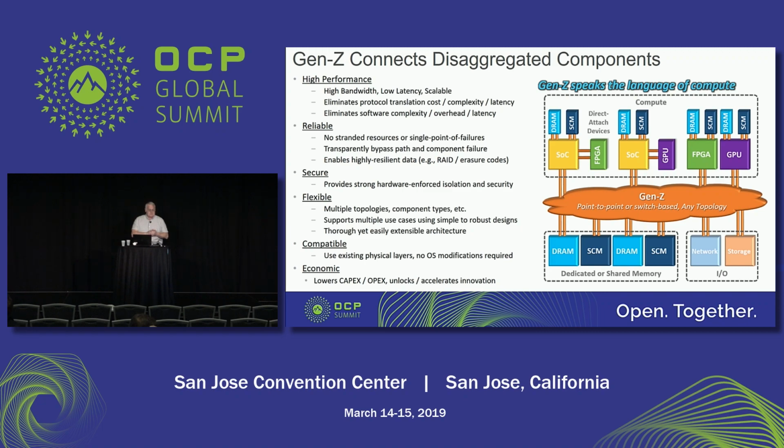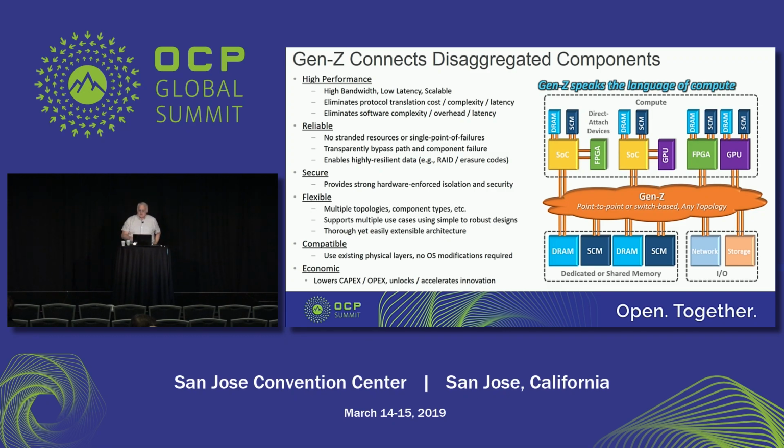Secure, there's different keys. Our next specifications are talking about encryption. Flexible, like I said earlier, multiple topologies are supported. We believe it'll lower our CapEx and OpEx costs as we go forward. The diagram on the right shows a conceptual model of what this environment might be.